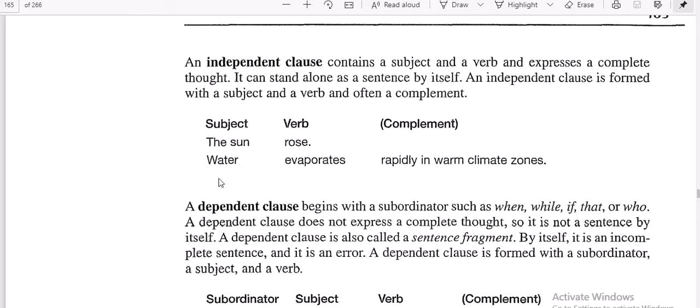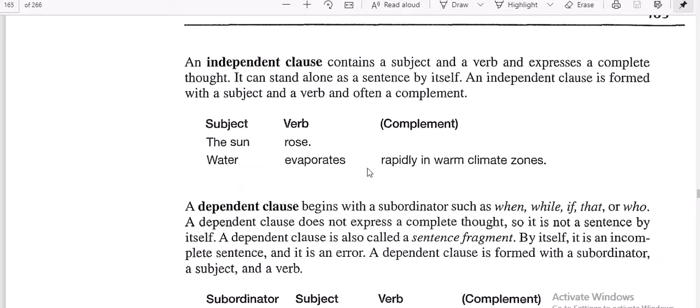This example, or this clause, of course, it's independent. Water is the subject, evaporates is the verb, and rapidly in warm climate zones, these words are just complements of an independent clause, and this complement can be in the beginning or in the end of the clause.